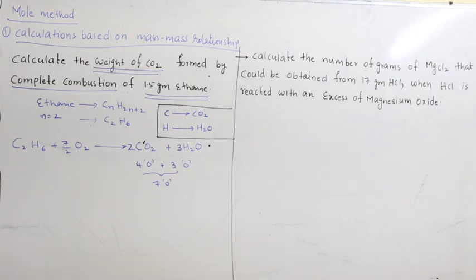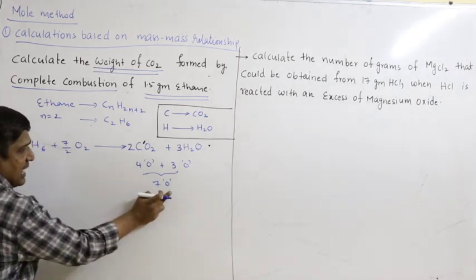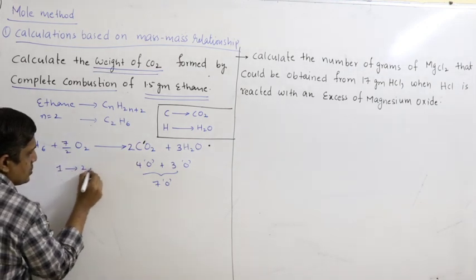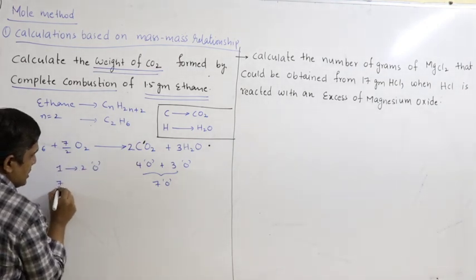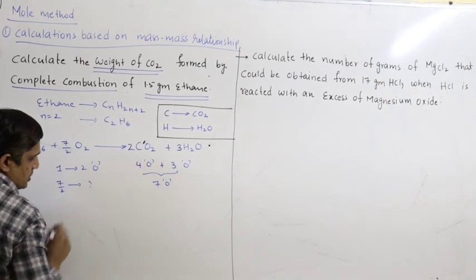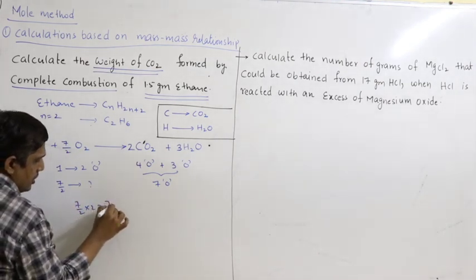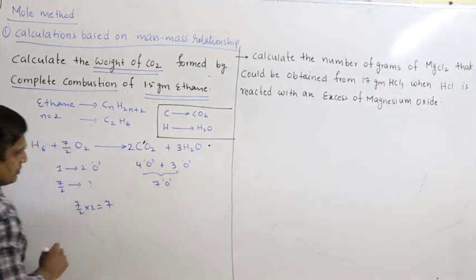So altogether we have to get 7 oxygen atoms. Here we have molecules. One molecule contains 2 oxygens. Therefore 7 by 2 molecules contain how much? That is 7 by 2 into 2 equal to 7 oxygen atoms.